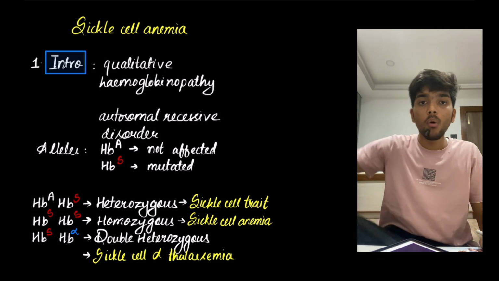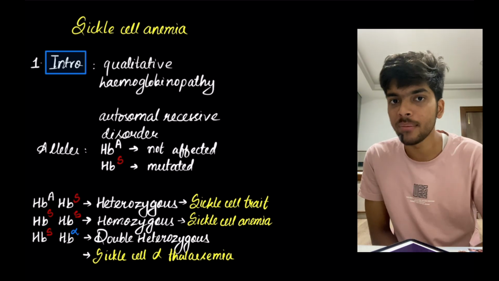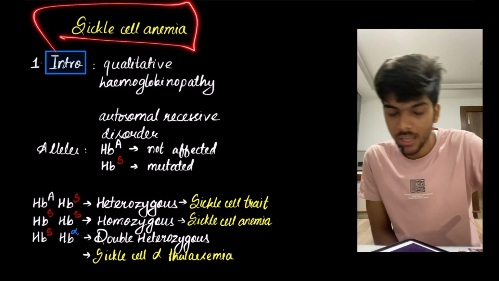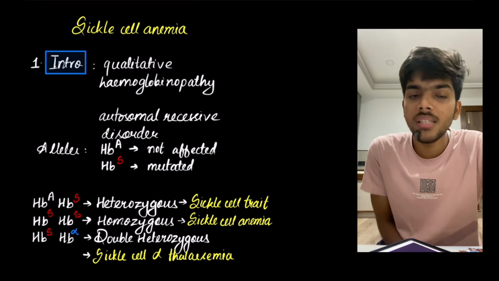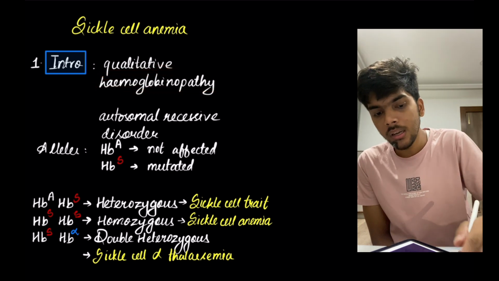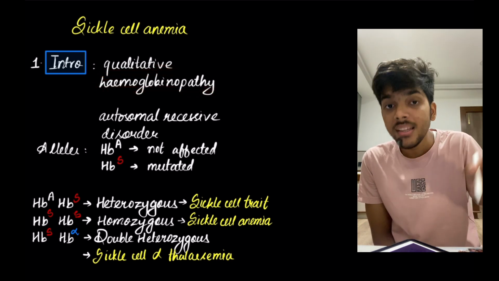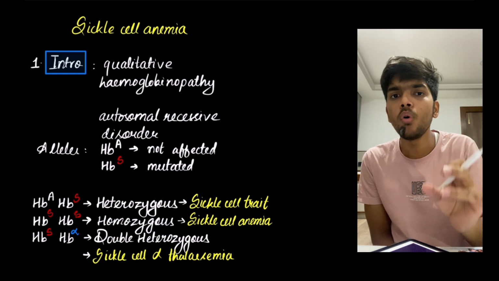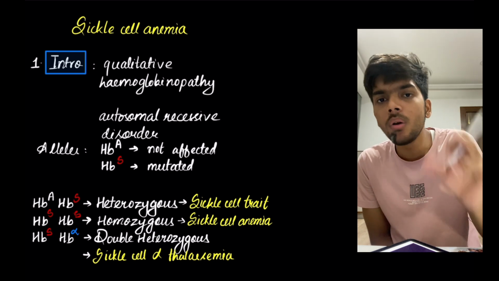Alright, now let's get into the two different types of hemoglobinopathy. The very first is sickle cell anemia. Introduction. Sickle cell anemia is qualitative hemoglobinopathy. In hemoglobinopathy, what is there? There is defect in the hemoglobin of RBC. What does hemoglobin of a typical RBC look like?